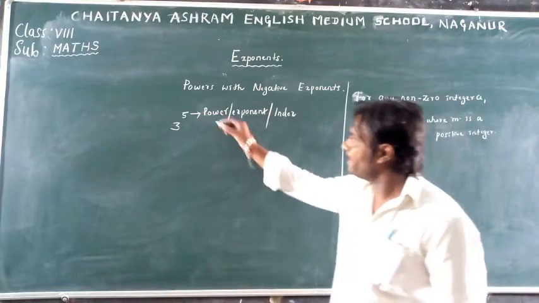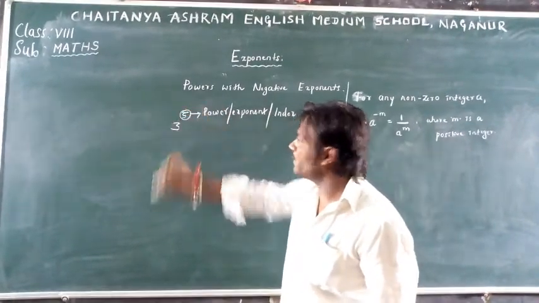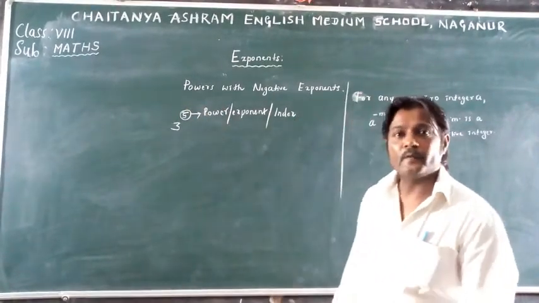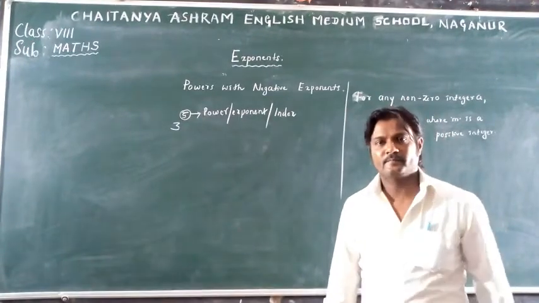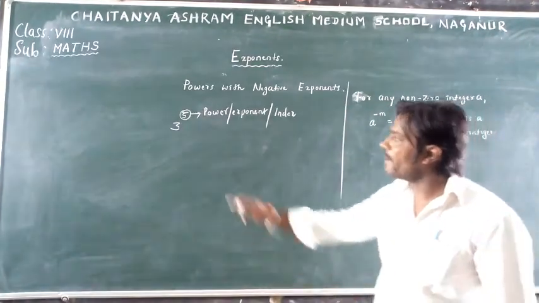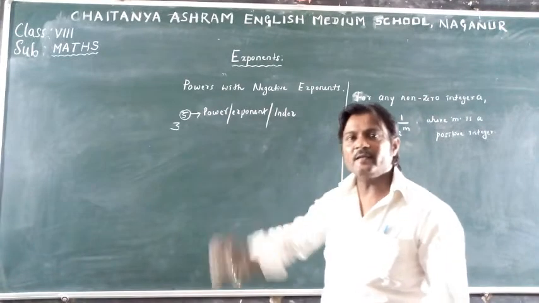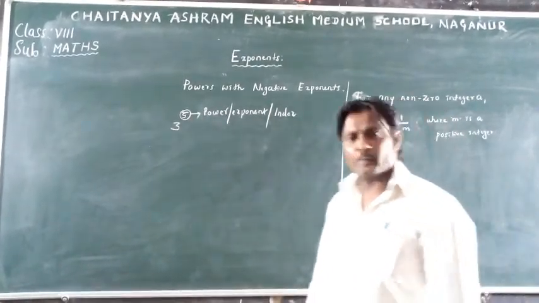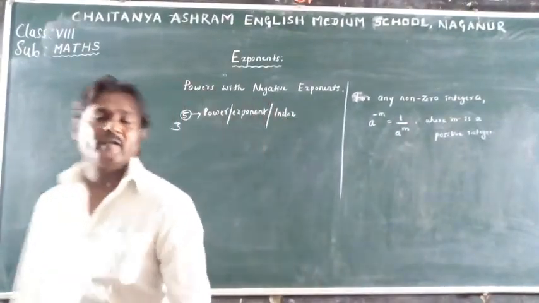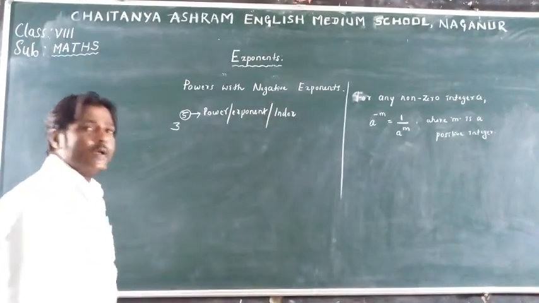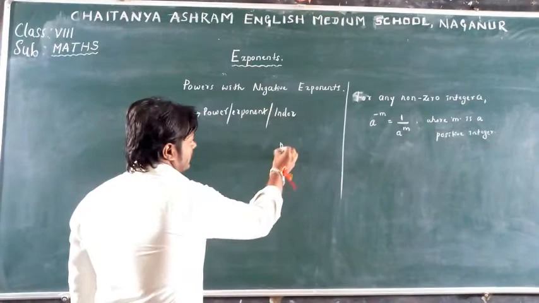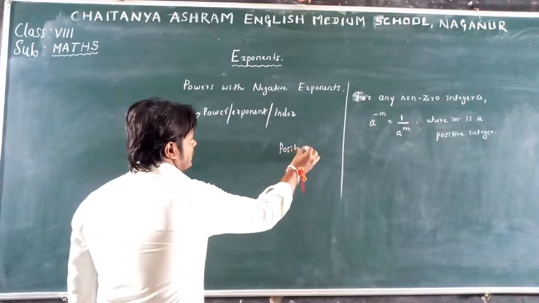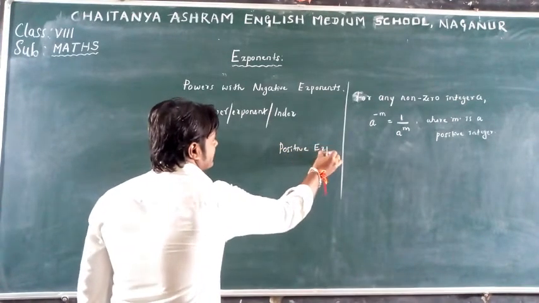So here, this power 5 is a positive integer, and the power of an exponent is positive. It has positive power. Such exponents are called positive exponents.